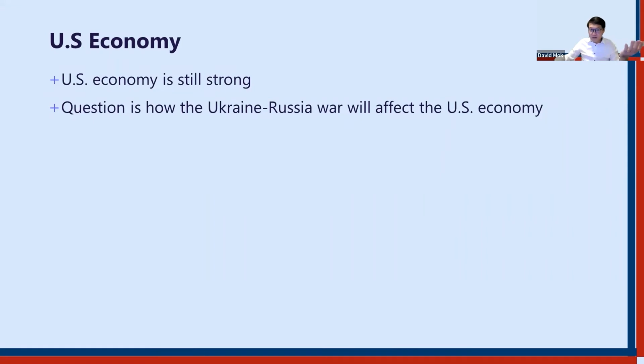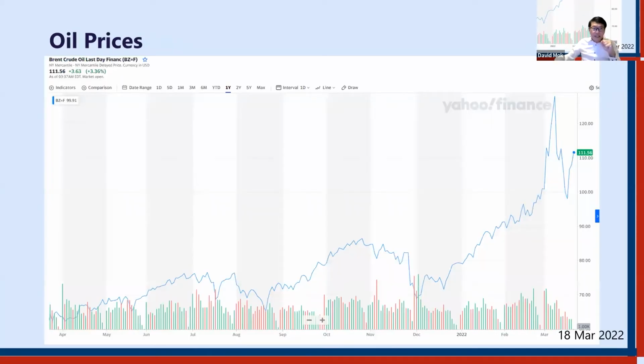Some of you have already figured it out, some of you may not, but let's talk about it. Certainly the oil price, I talked about it, it shot right up, went past 120 and it pulled back to 100, but now it bounced up to 111. But that's 2 days ago, the share price. As I prepared the charts, I just took a snapshot and put it in. So this is as close as I can get. So this is where it is.